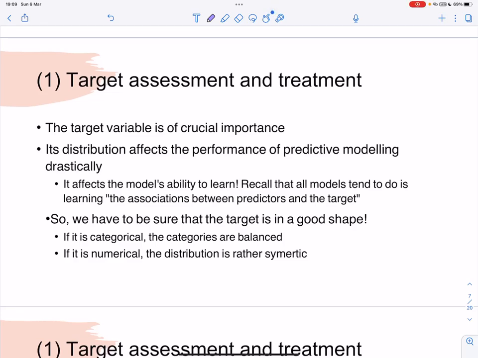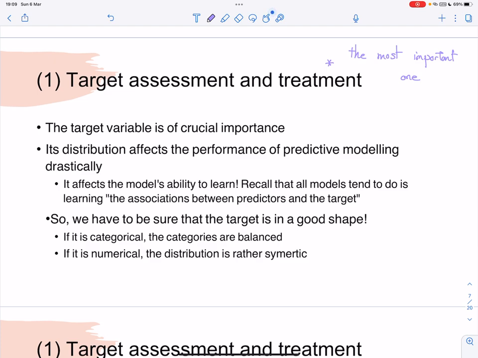Okay, the first practice of feature engineering, and probably the most important one, is target assessment and treatment. So the target variable is of crucial importance.